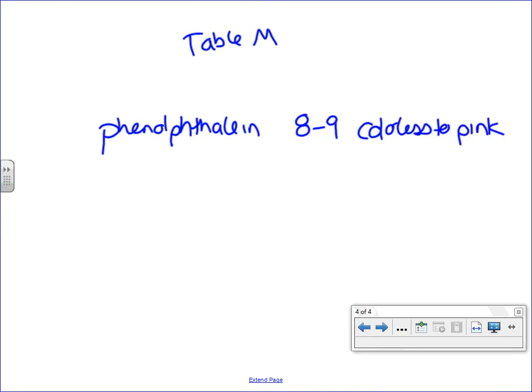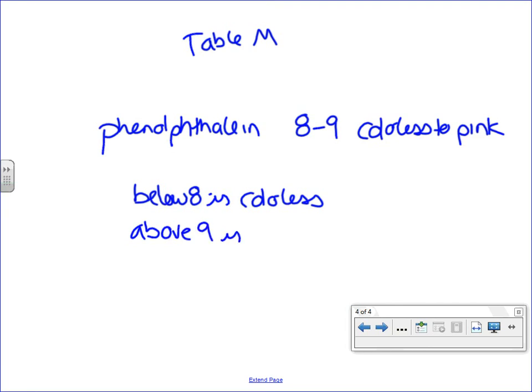What this means is that phenolphthalein below 8 is colorless. Okay? Above 9 is pink.